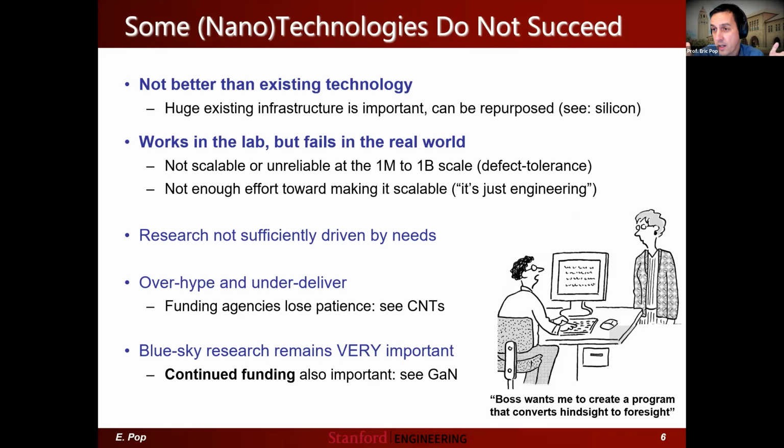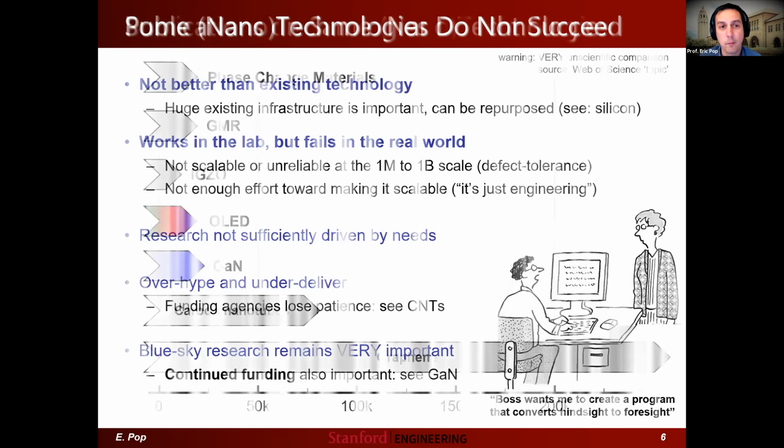But if we had continued working on gallium nitride when it was first proposed in the 1960s, we would have LEDs and white lighting and all the other stuff probably 10, 20 years earlier. So it's amazing to me that gallium nitride took as long as it did. So I don't have a real answer, but I hope this is thought-provoking.